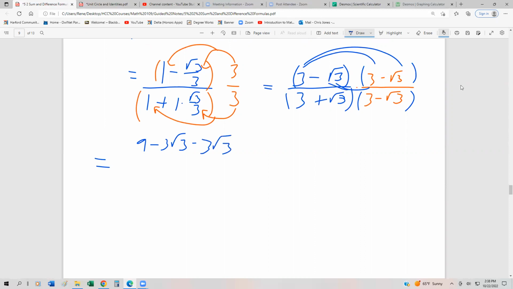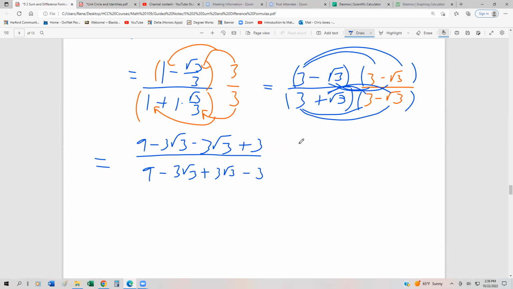And then negative root 3 times negative root 3 is going to be a positive 3, excuse me. In the denominator, 3 times 3, 9. And then 3 times negative root 3 is a negative 3 roots of 3. The interior terms become a positive 3 roots of 3. And then finally, root 3 times negative root 3 is going to be a negative 3.